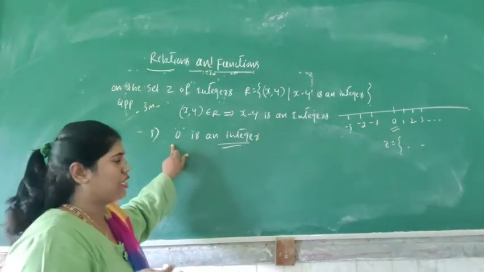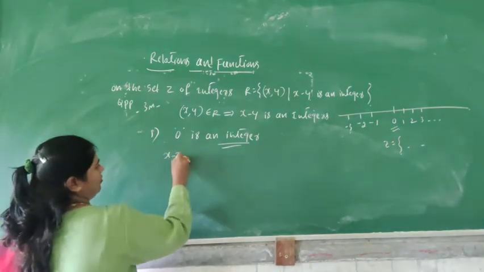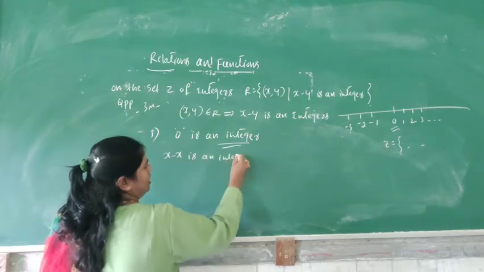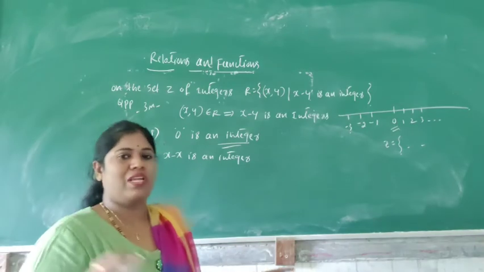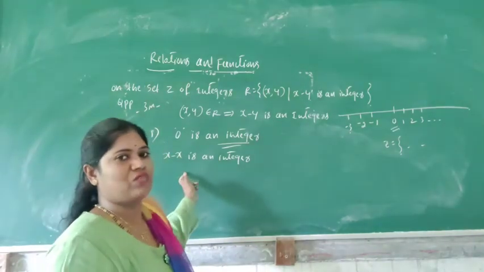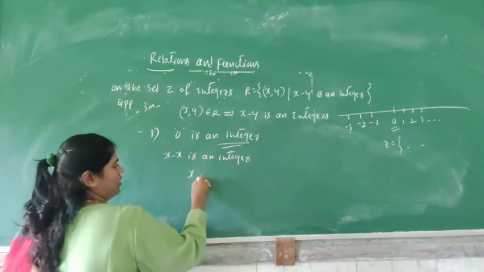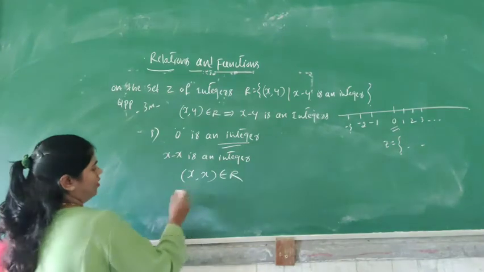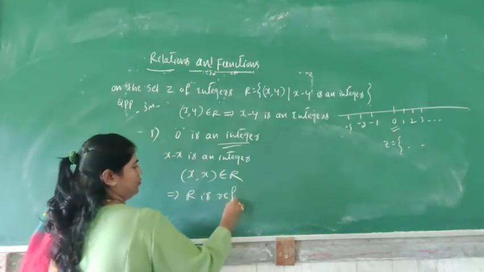If x minus x, it is going to be 0. So x minus x is an integer. Here we are changing the variable AB to xy. x minus x is an integer. So (x, x) belongs to R. Therefore, R is reflexive.